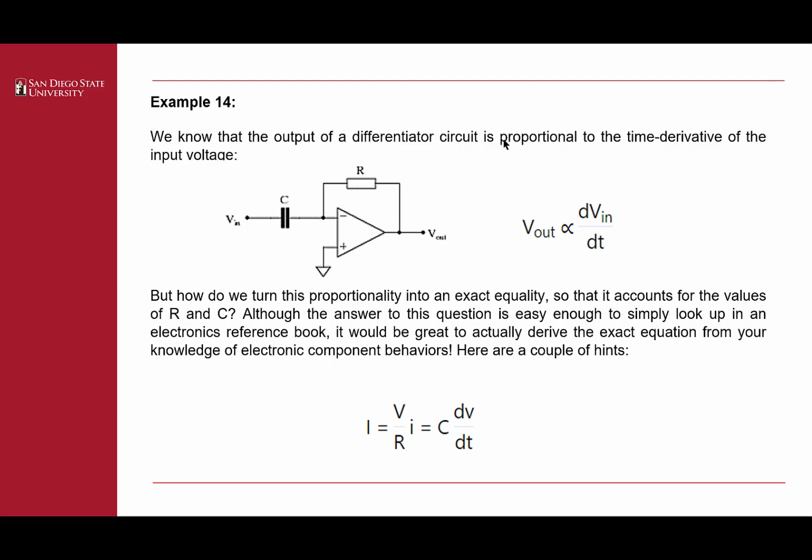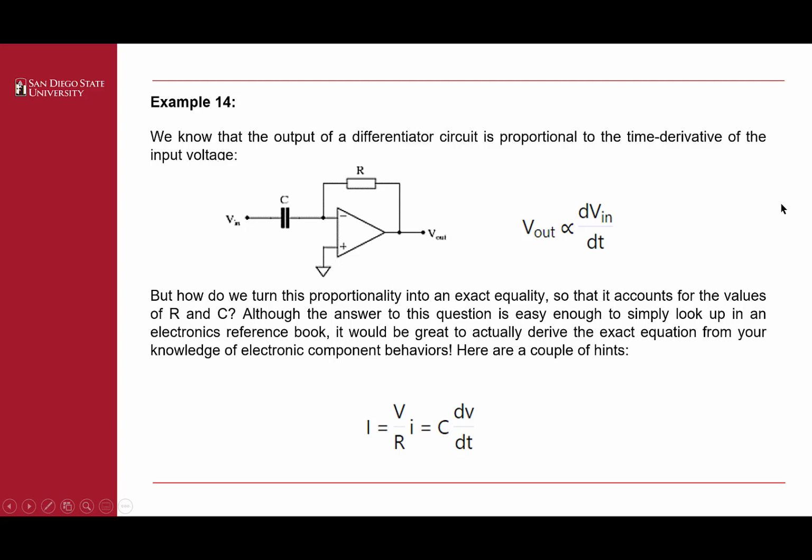So the time varying current is equal to the change of voltage with respect to time times the capacitance.